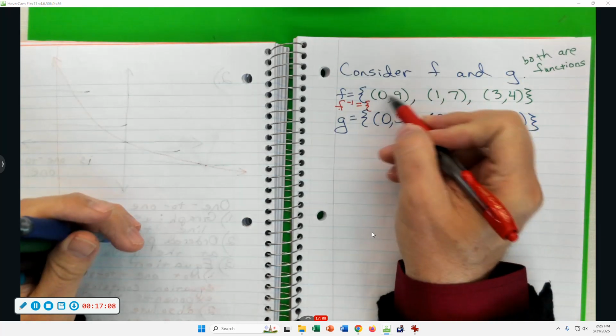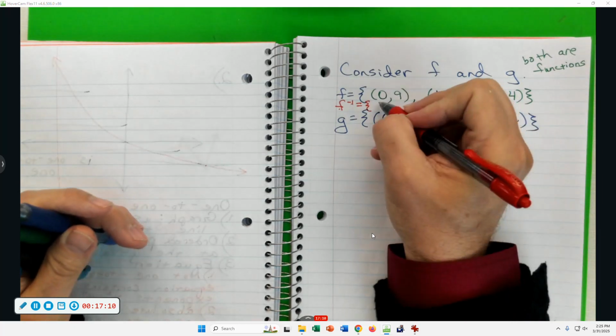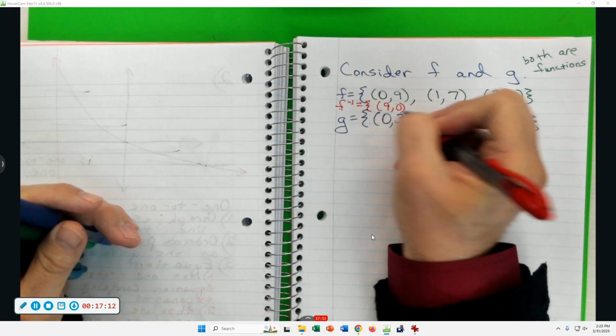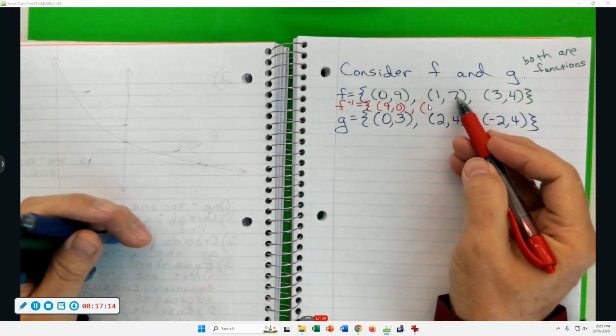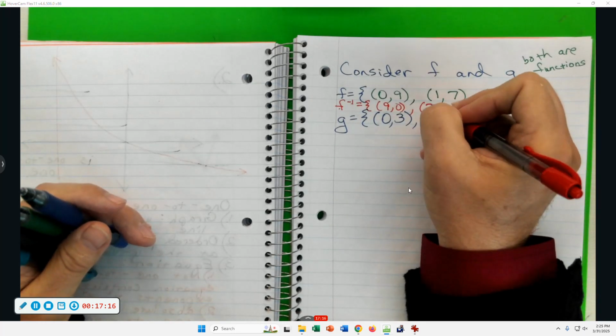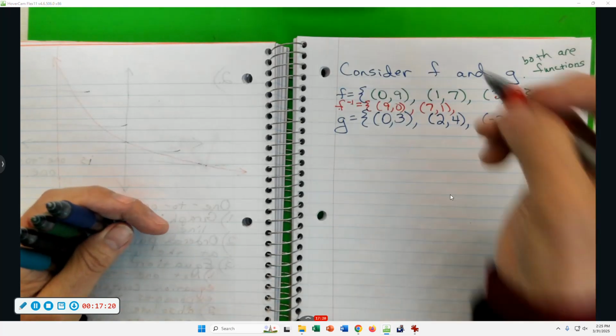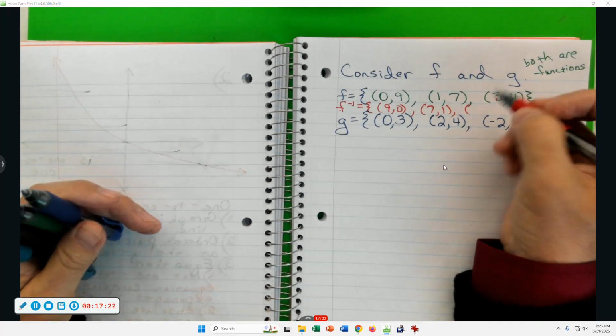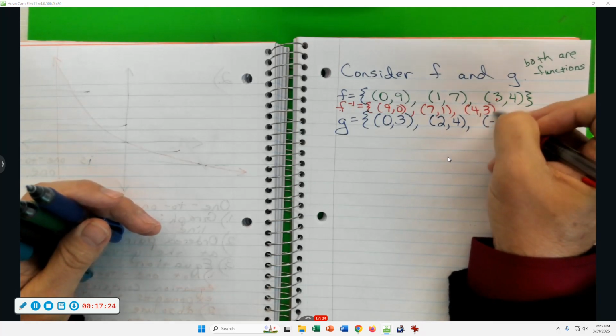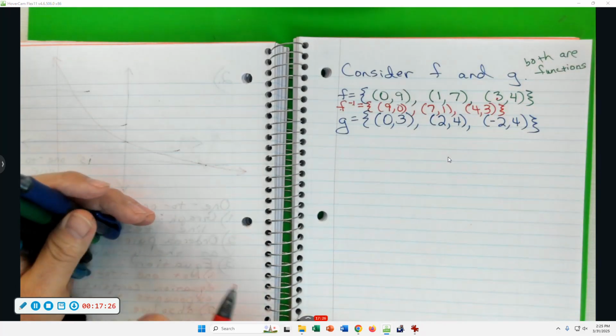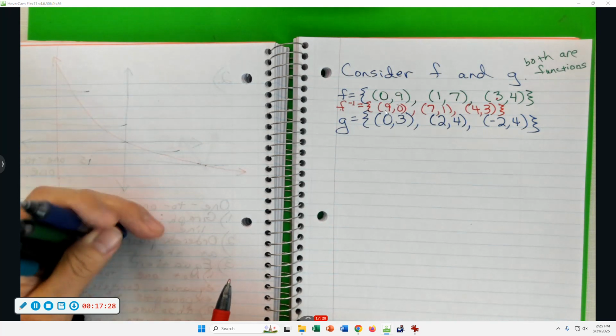You're just swapping x and y, so (0, 9) becomes (9, 0). (1, 7) becomes (7, 1). (3, 4), what ordered pair is that going to become? (4, 3). So there's f inverse.